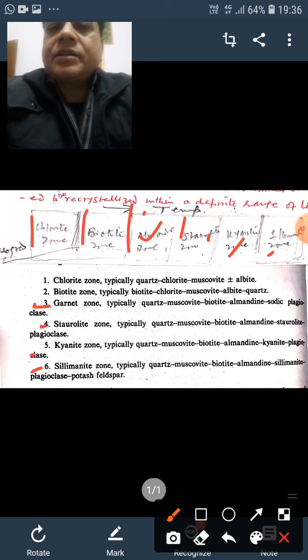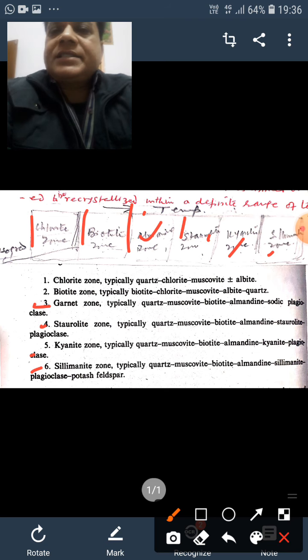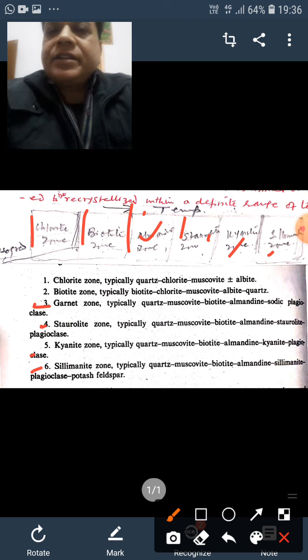Each mineralogical zone is characterized by the presence of a new mineral, termed an index mineral. After a mineral has formed, it may persist through several higher grade zones.